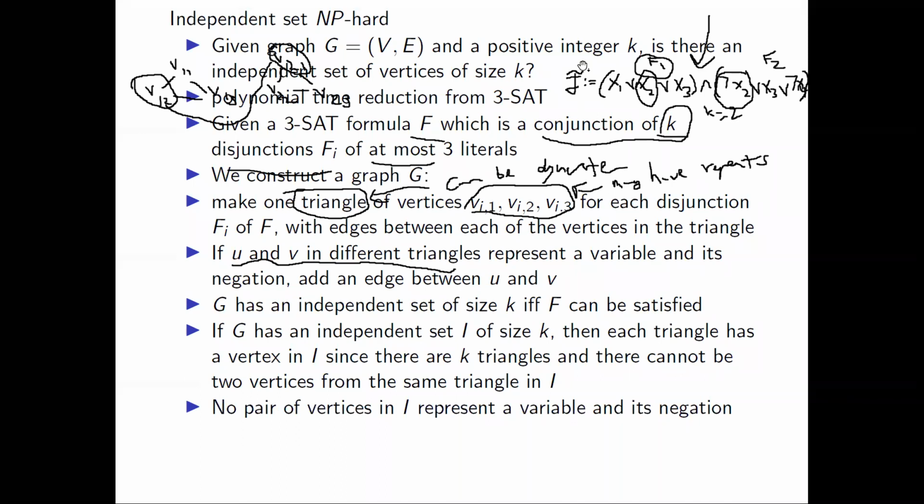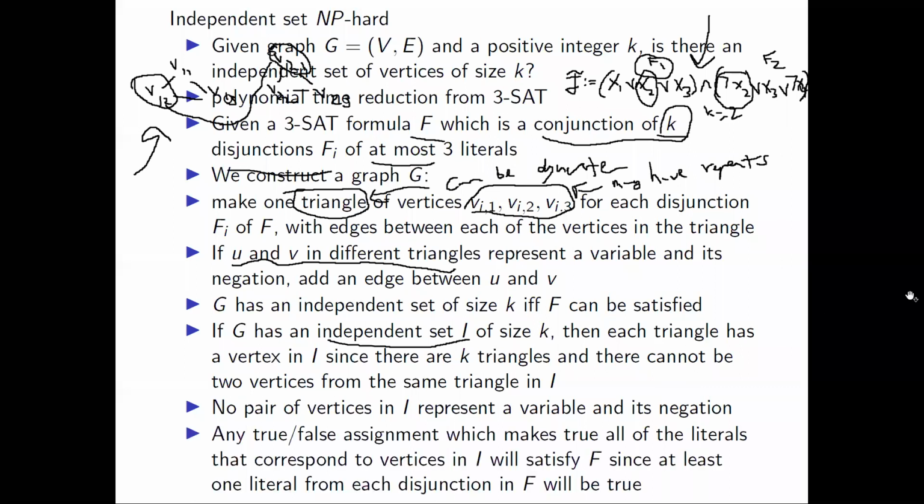Also, note that for this independent set in the graph that we constructed, we can't have any vertices in the independent set which represent a variable and its negation, because between any pair of vertices in different triangles which represented variables and their negations, we put an edge, and this is an independent set I. So we can't have an edge between any two of them, so there can't be any two of them that are a variable and its negation in I.